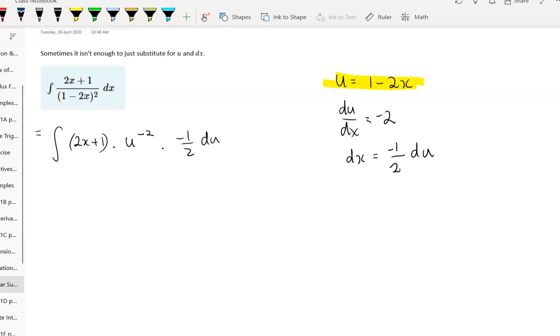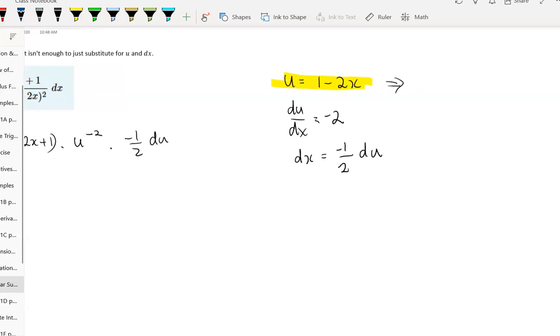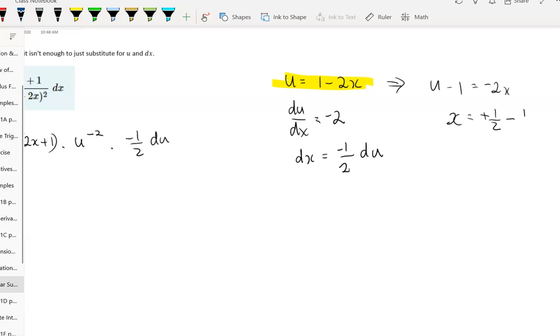So if we look at the function we've got here, we're going to say, well, u subtract 1 is equal to negative 2x. And so x is equal to positive a half subtract a half u. Okay, so we can do that.